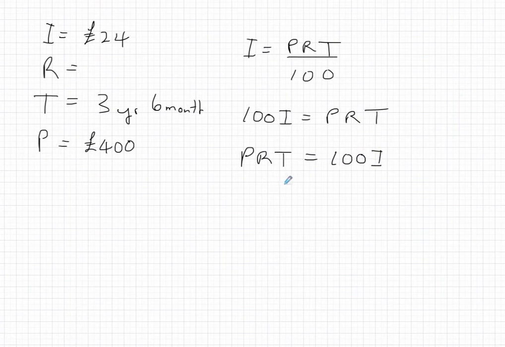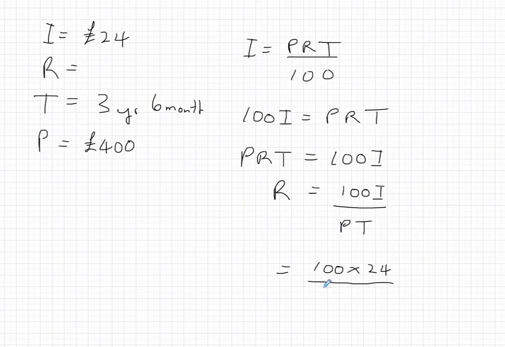We just want R. So R is equal to 100I, and the PT goes underneath. So we're going to have 100 times 24 divided by the principal, which is 400, times the years, which is 3.5 years.